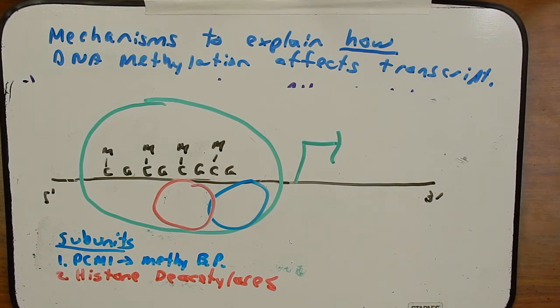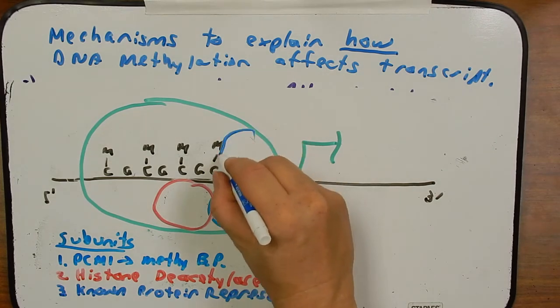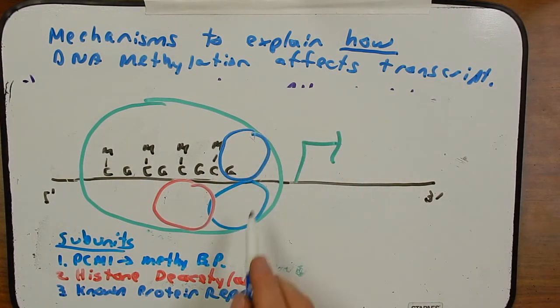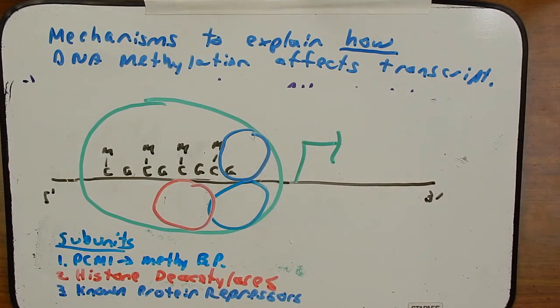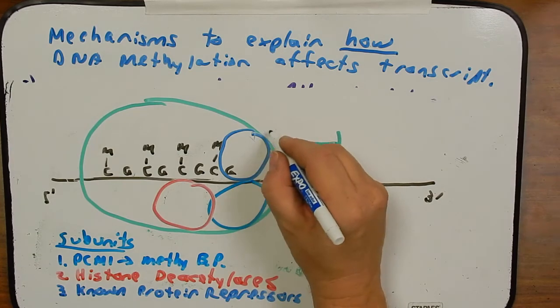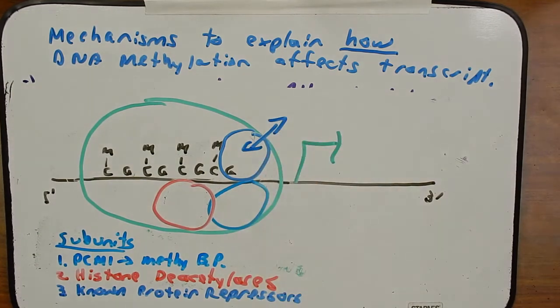We also have some subunits that I'm just going to classify as known protein repressors. Meaning in other studies, they've known that, say, this protein here binds to this subunit, but they've always known that this protein is linked to repressing transcription of certain genes. And maybe this subunit is interchangeable with other repressor proteins so that this whole complex can be used at multiple genes.